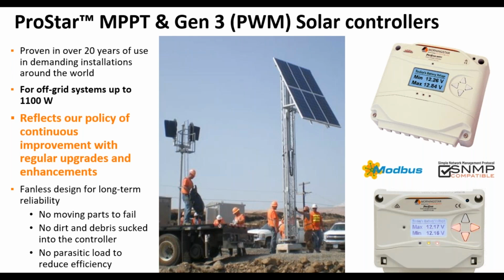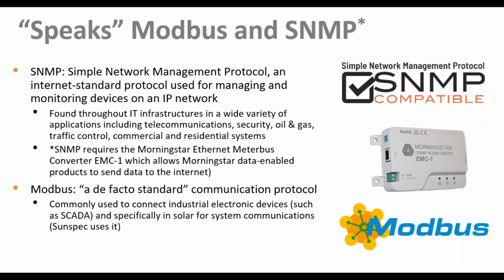And as you have seen the products evolve, we like to add new features and new application support, but also keep a product that is familiar enough to you that the design is something that you can work with over the years and be able to count on it for years to come. It's a fanless design, which generally means no moving parts, no dust and debris is sucked into the product. We use a generous heat sink on the back of the products, and also very low parasitic load because we want to get more of that power from the PV into the battery.